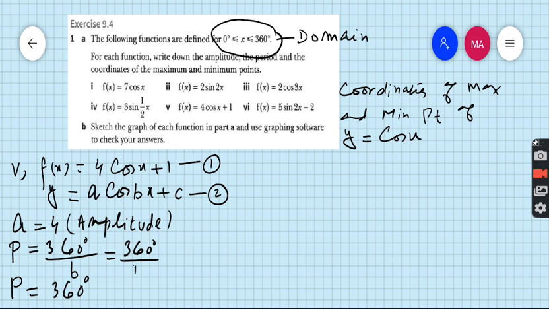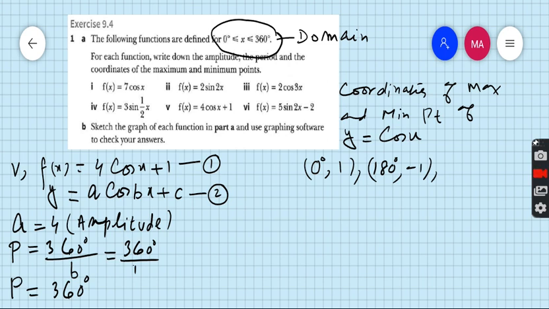So the coordinates are, when x is 0 degree, the value of cos x is maximum, that is 1. When x is 180 degree, the value of cos x is minus 1.